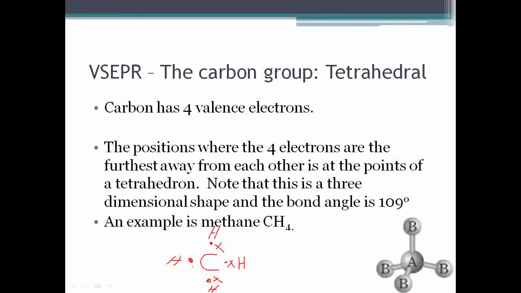These electron clouds try to repel one another. And for carbon, because we can work in 3 dimensions here to maximize the repulsion, you end up with this thing called a tetrahedral. It's a tetrahedral shape, and there's a bond angle between these bonds here of 109 degrees.